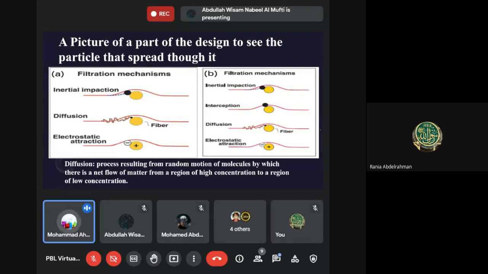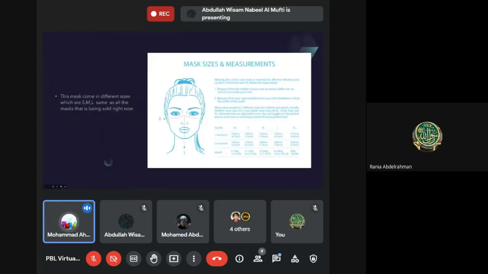But as we understand from these pictures, B is more important because there is an interception between them. So the virus can be intercepted and taken out by using the filtration mechanism. Abdullah, you can continue.